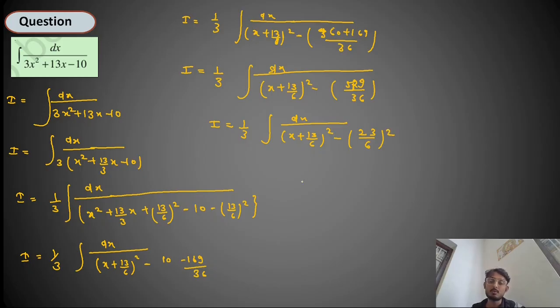x square minus a square, which formula will you use here? 1 upon 2a log of x minus a upon x plus a. So I equal to 1 by 3 into 1 upon 2a. a is given as 23 by 6, so 1 upon 2 into 23 by 6, log of x minus a upon x plus a. x is x plus 13 by 6, and a is 23 by 6, so x plus 13 by 6 minus 23 by 6 upon x plus 13 by 6 plus 23 by 6.